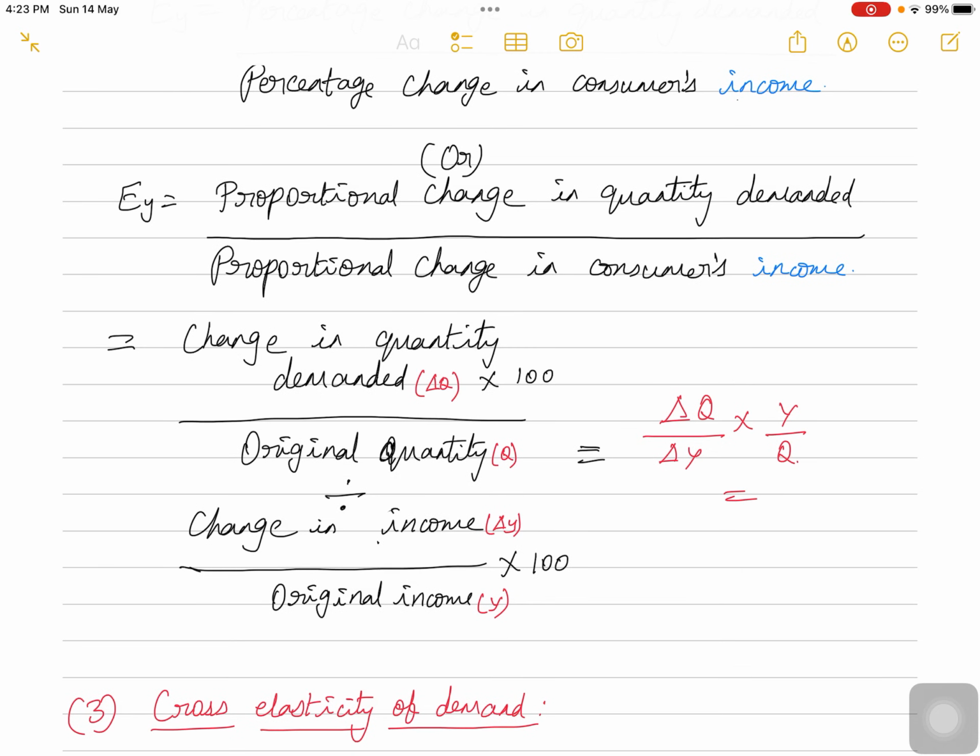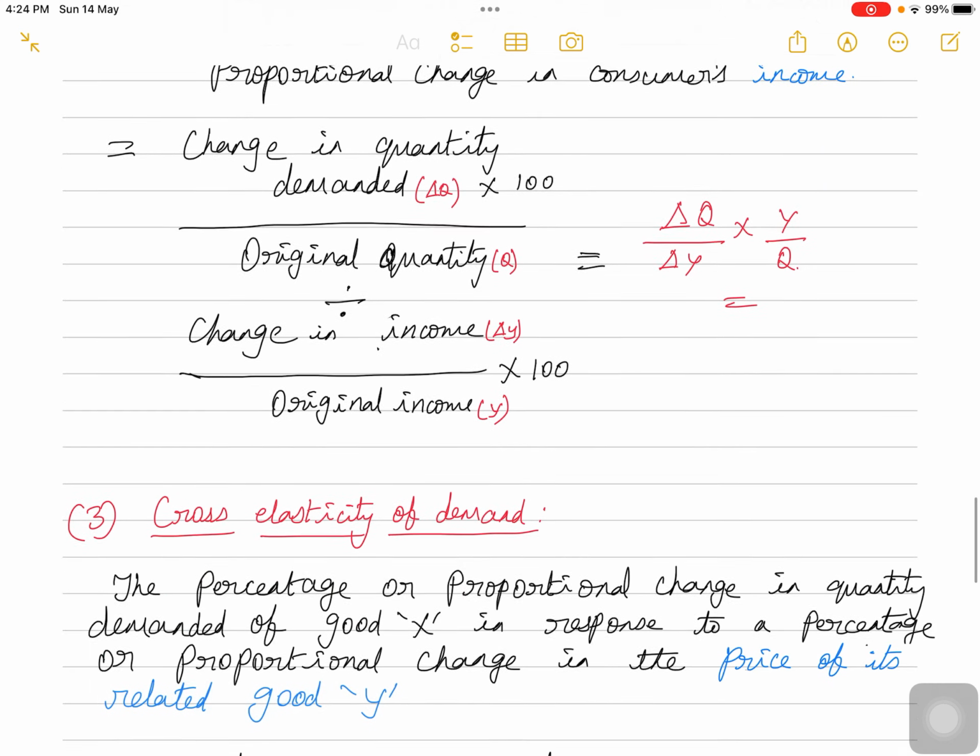Change in quantity demanded, that is delta Q, divided by original quantity Q multiplied by 100, divided by change in income, delta Y, divided by original income Y multiplied by 100. So finally what is the answer we are getting? Delta Q by delta Y into Y by Q. So this is the formula for income elasticity of demand.